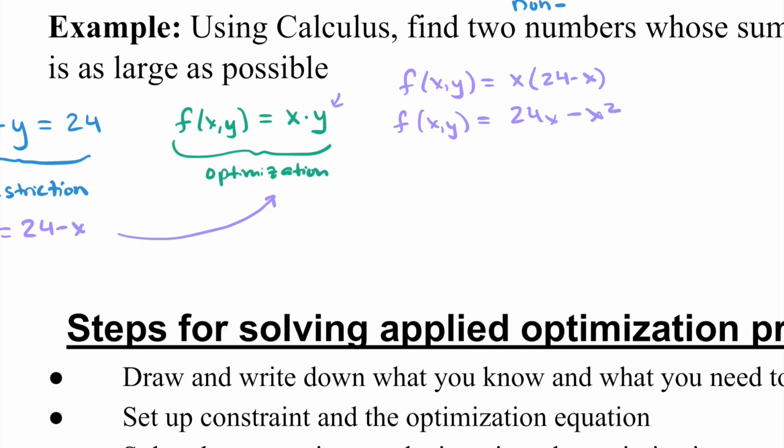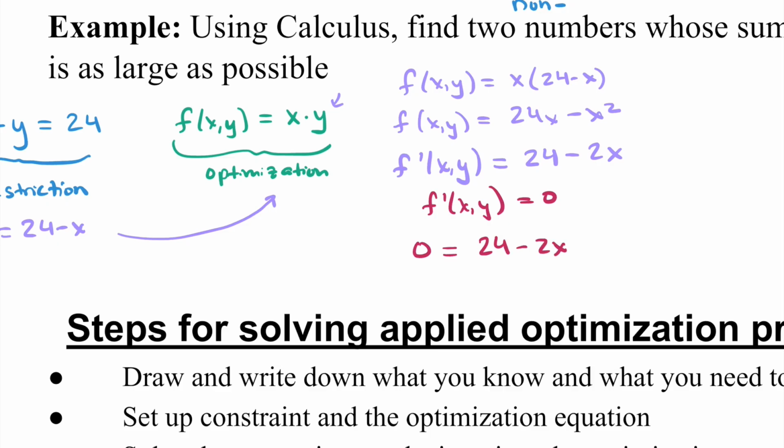Now, this equation, our optimization, will maximize or minimize at a point where the derivative doesn't exist or where the derivative is 0. So 24 minus 2x is my derivative. We are looking to see when the derivative is equal to 0. So 0 is equal to 24 minus 2x. 2x equals 24. x equals 12.